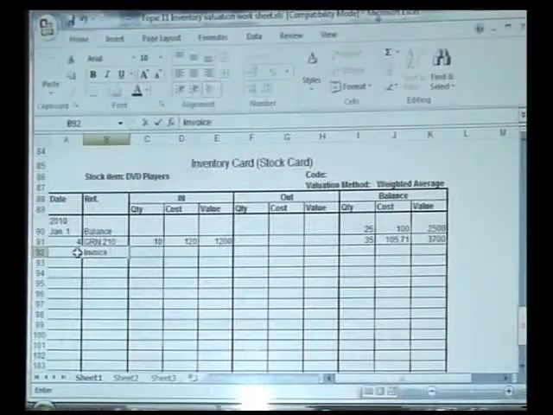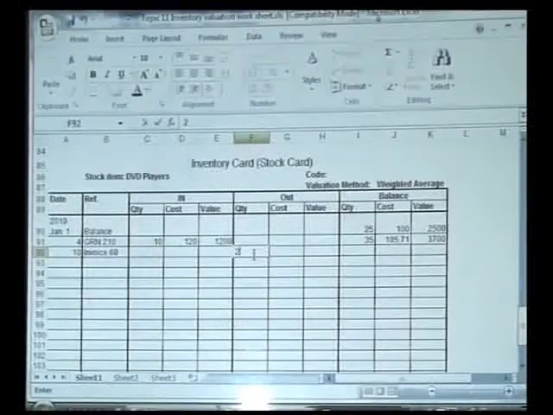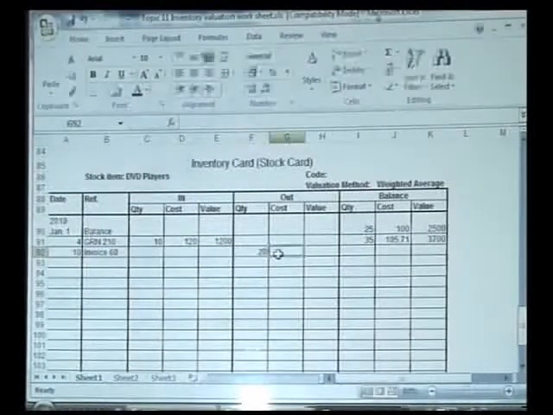Invoice 60 on 10th January, sold 20 units. Now use the average cost.